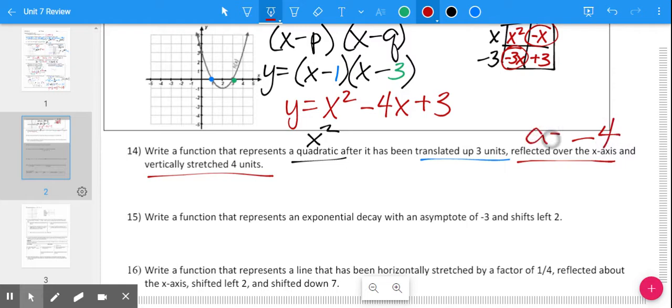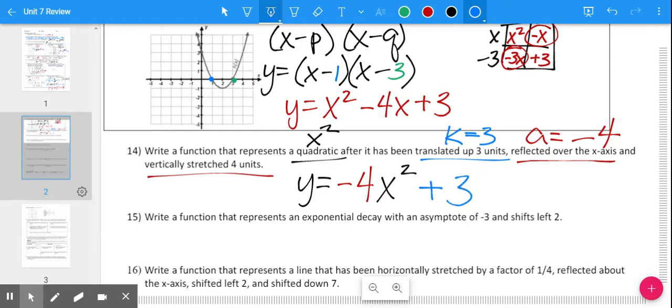So your a is negative 4. So we have y equals negative 4 x squared plus 3. Because it didn't move left or right at all, we don't need any parentheses.